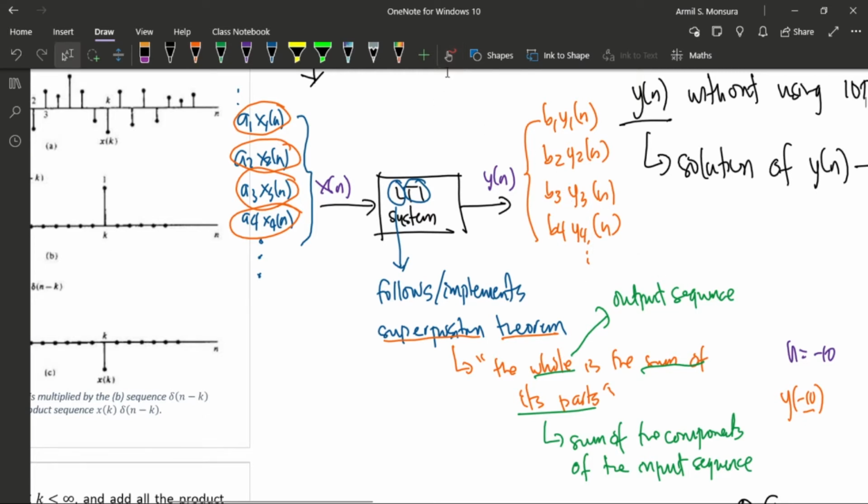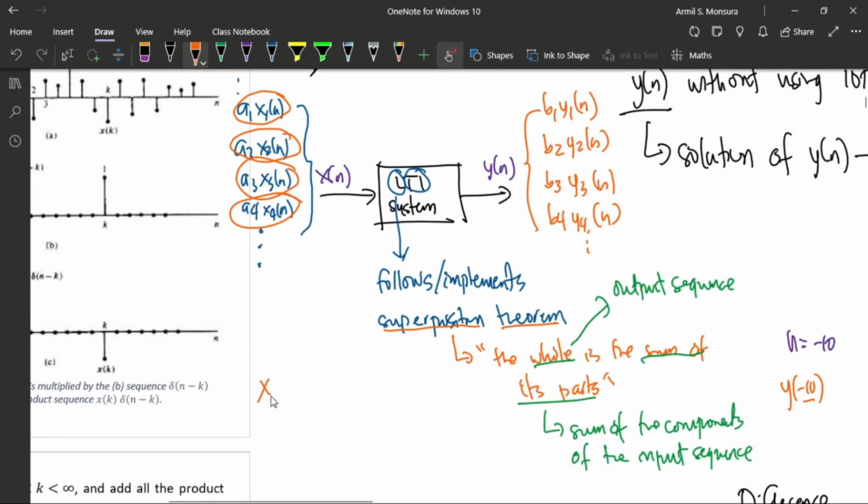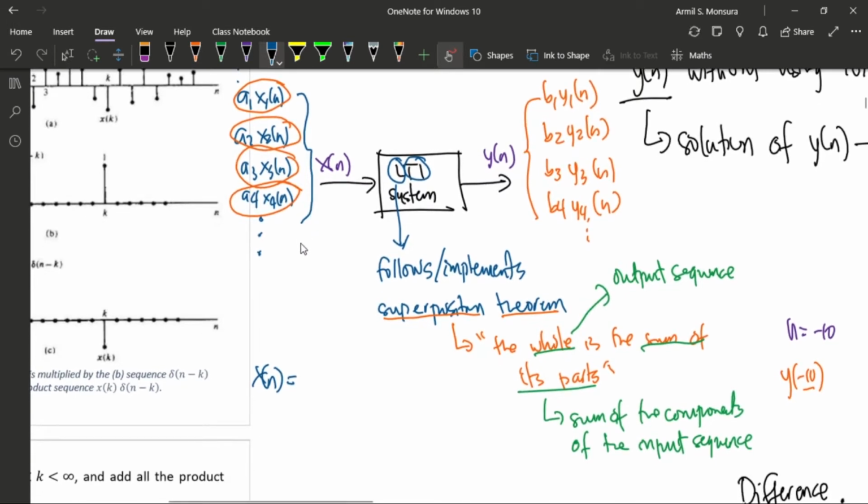Now, here's where the superposition theorem would come in. So supposedly, yung xn nyo, your input signal xn, since ito nga yung mga components niya, then kapag inadd ko yung mga components, dapat mabuo si xn, kasi nga components nga siya. Remember the even and odd components.